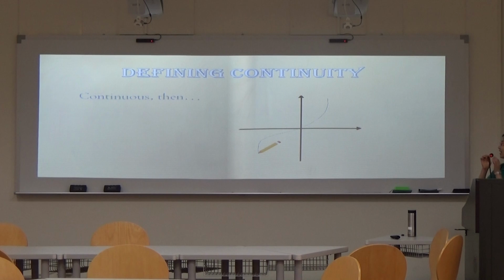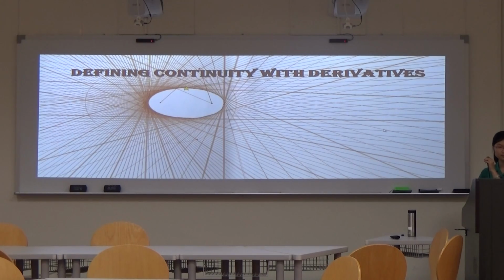Yes, exactly. If you look at this picture and we use a pencil to draw the function without lifting the pen, we can finish drawing it. It means that it is continuous. There are also other ways to define whether a graph is continuous.